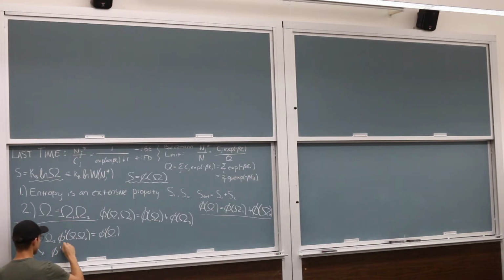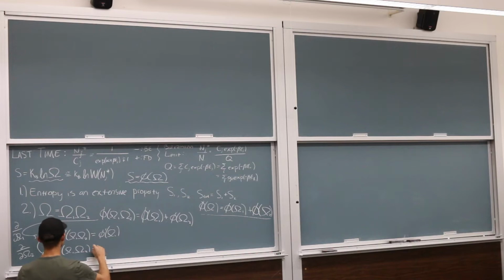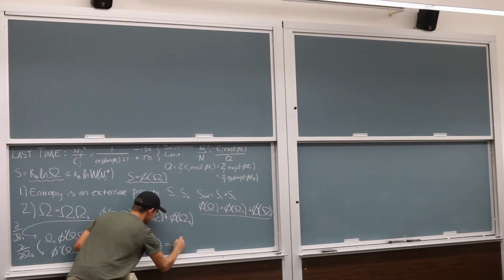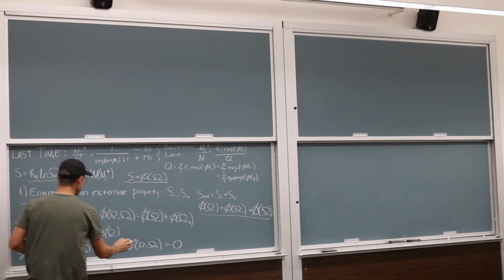So we have phi prime of omega 1 omega 2, plus omega 1 times omega 2 times phi double prime of omega 1 omega 2, because you have to do the chain rule here. I think I keep on saying phi instead of omega, but that's okay. Okay, and then this thing is equal to 0.